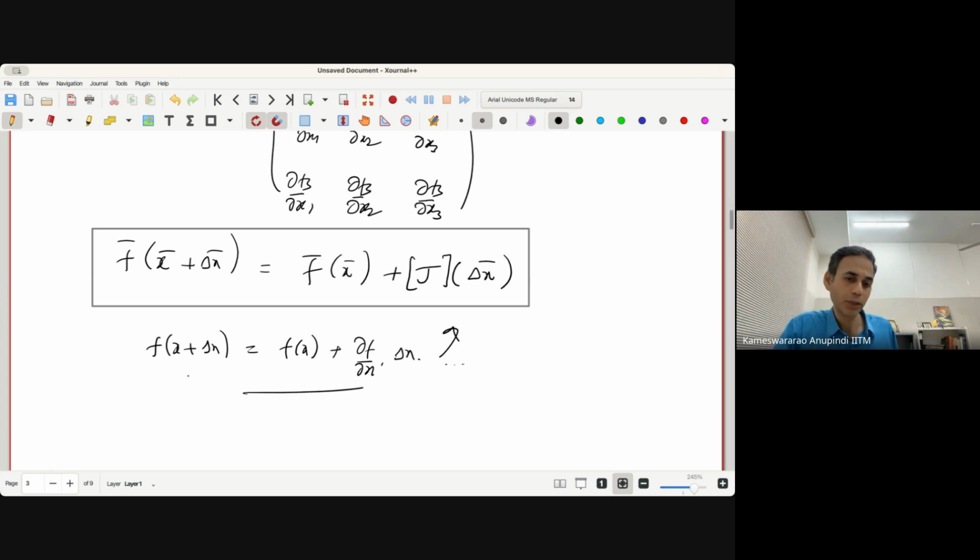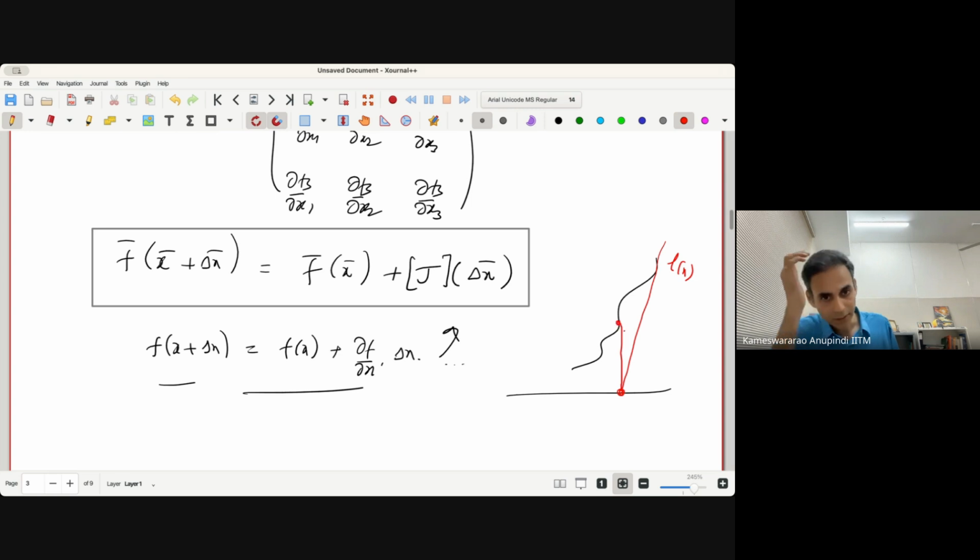Now, what did we do in the case of Newton's method? We said if this is the function, we drew a tangent. If that is the tangent, which is denoted as L of x, then if it is going to intersect here, then this is your next value, right? Which is f of x plus delta x. That is going to be equal to 0. And then we said we're going to calculate the function value there.